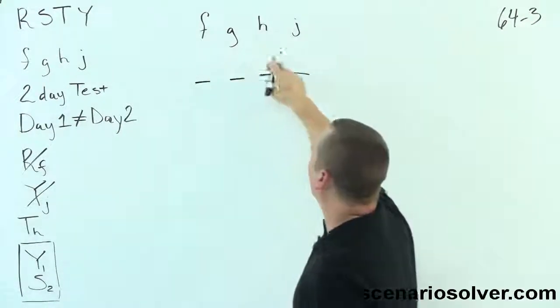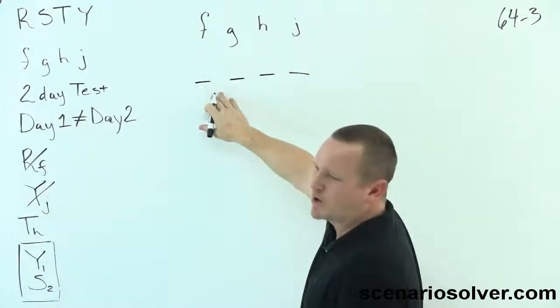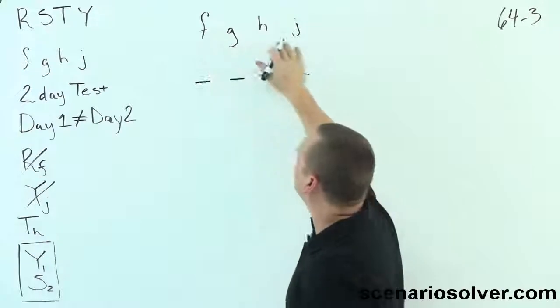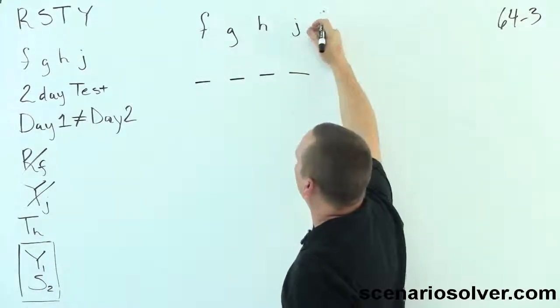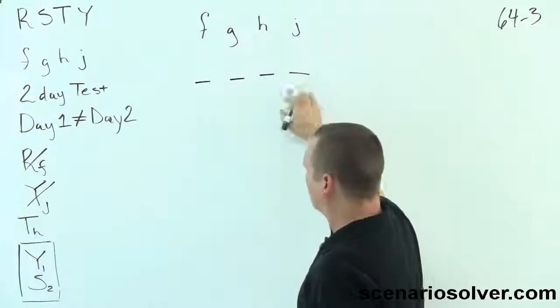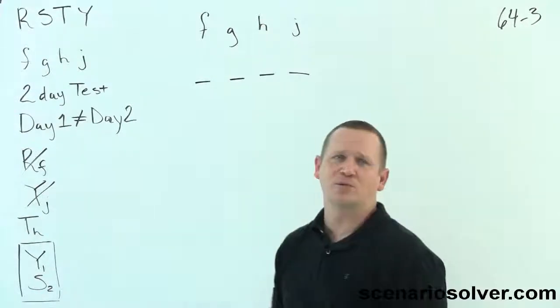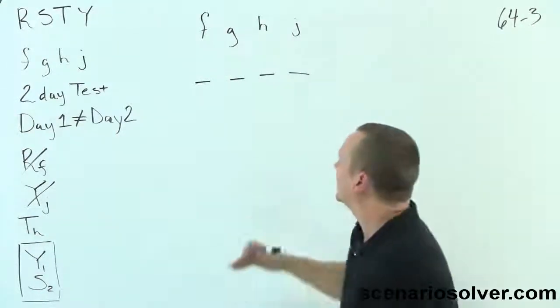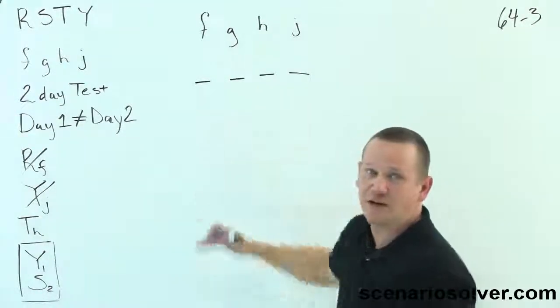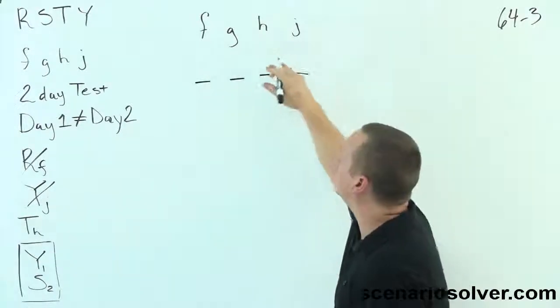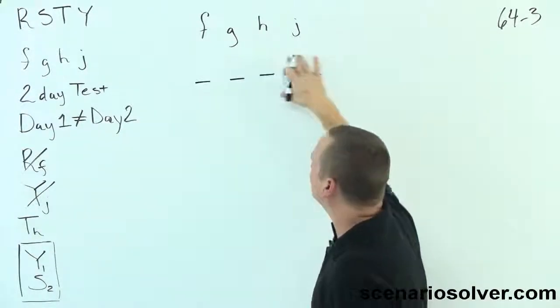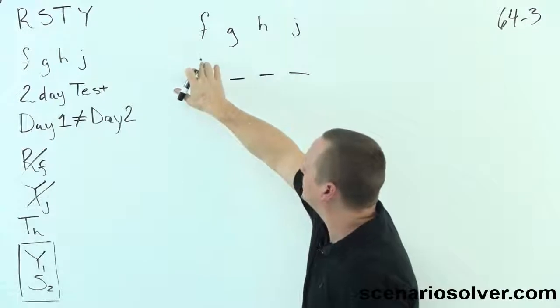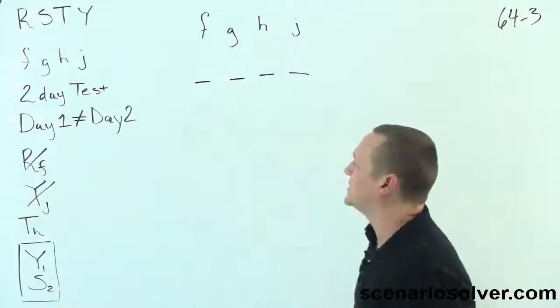On top of these 4 lines is day 1, on bottom is day 2. F, G, H, and J should go on top because if you try to put them on the bottom, each time you build a scenario, you just have to continue writing F, G, H, and J. So once you put them on top, everything is fine, and then you just treat this, again, on top is day 1, on bottom is day 2.